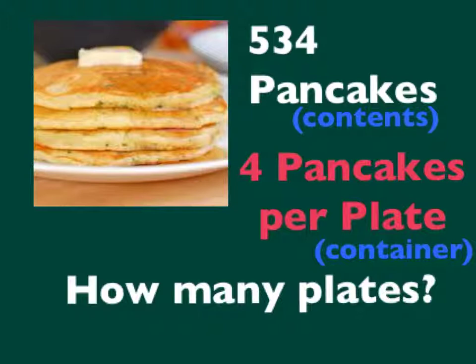We have 534 pancakes, and we're going to place 4 pancakes on each plate. Our task is to calculate how many full plates we will have, and will there be any remaining pancakes.